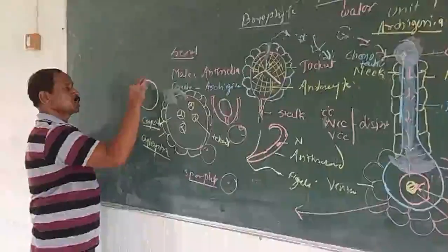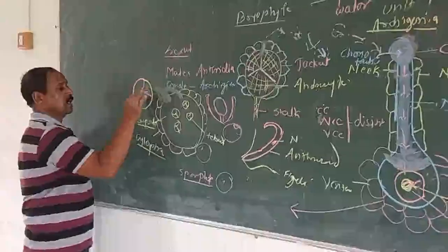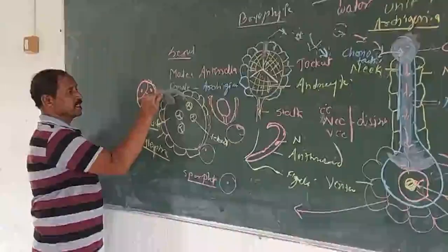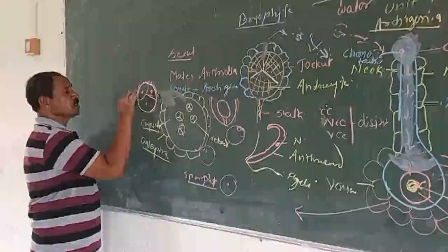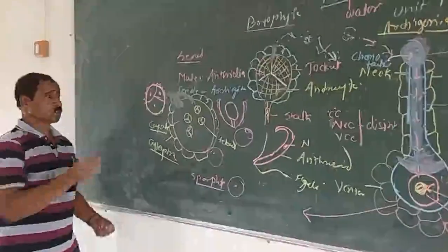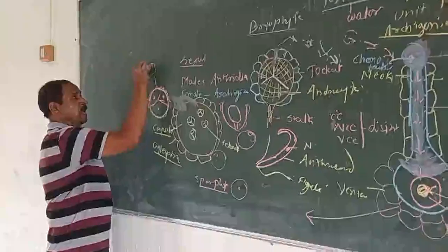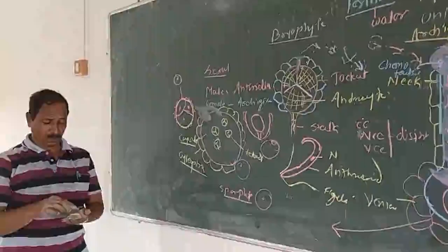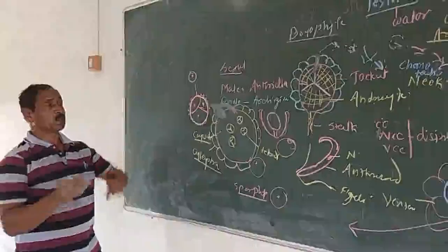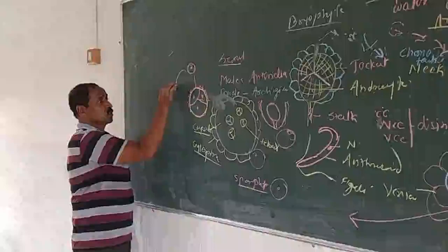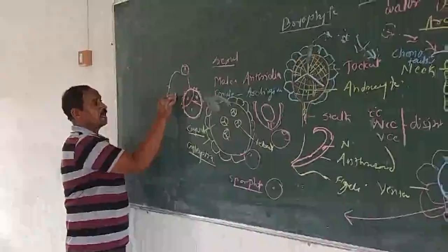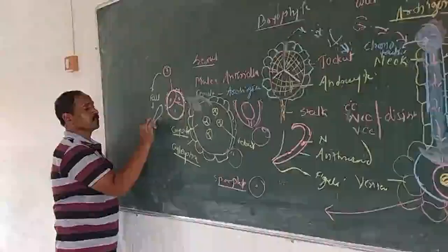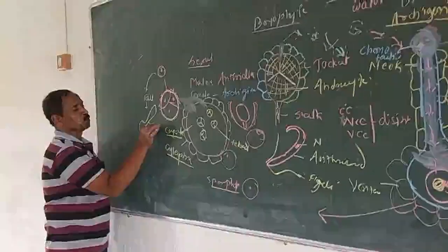They show a structure like this. Here a spiny wall is present, and these four spores separate and form single spores. A single spore released from the capsule falls on the ground and germinates, forming a germ tube.